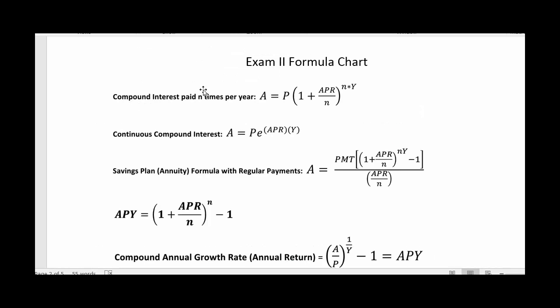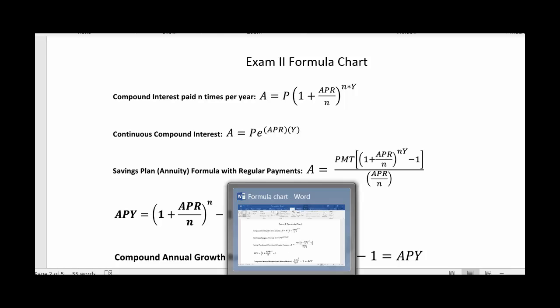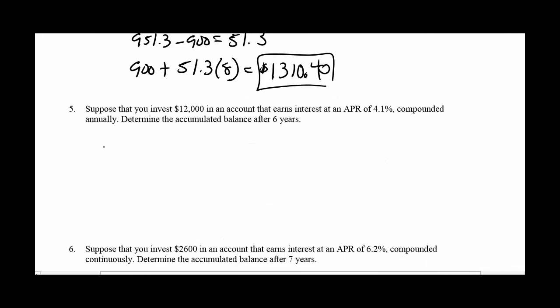Okay, so I'm going to set it up using this, but we get to actually use the exponent in this case because we're compounding. So the accumulated balance would be 12,000 times (1 plus 0.041 divided by something) to the something times 6.